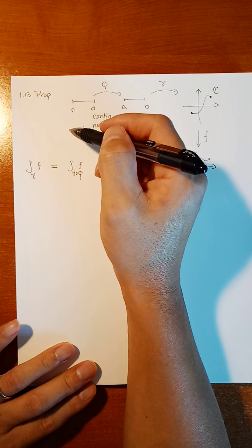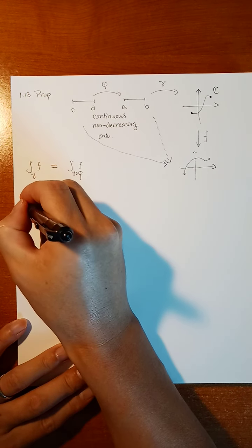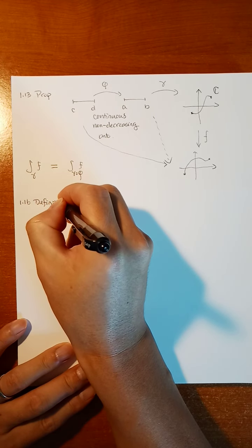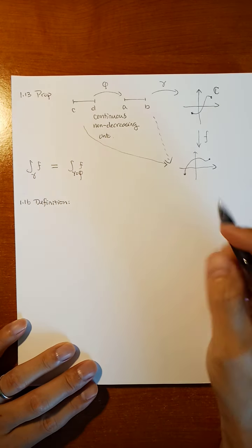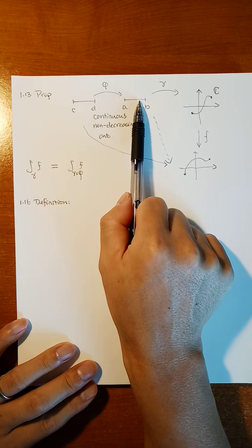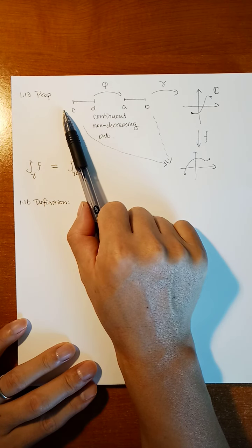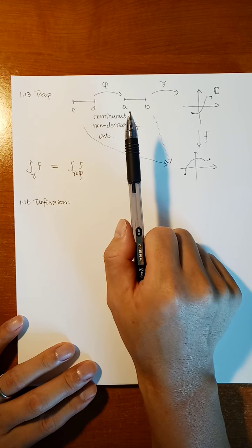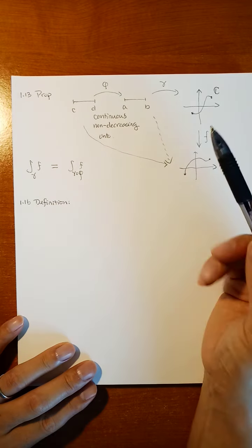So in the next definition, we're going to define an equivalence relation. If you have an equivalence relation, you need to go forth and back, and then this non-decreasing condition is not enough. It should be stronger than non-decreasing.